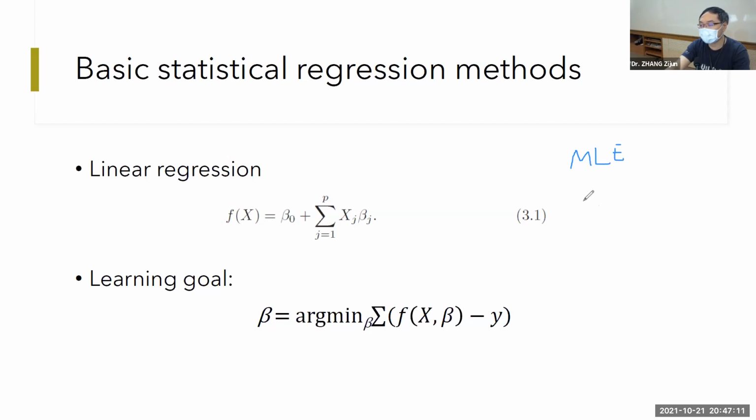The second one, if you are from the optimization aspect, you will know least squares fit, okay. And the third is called Bayesian inference.